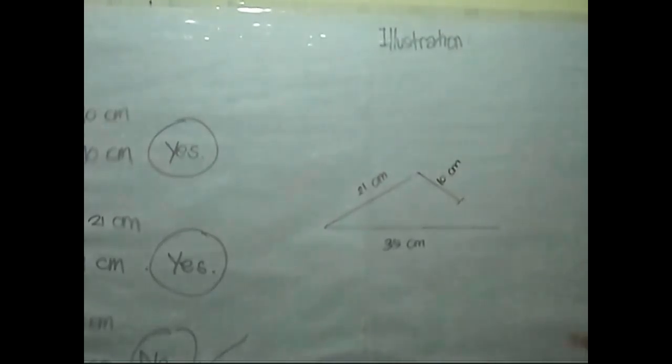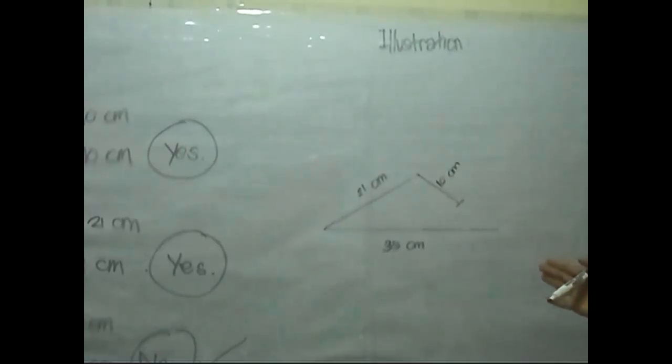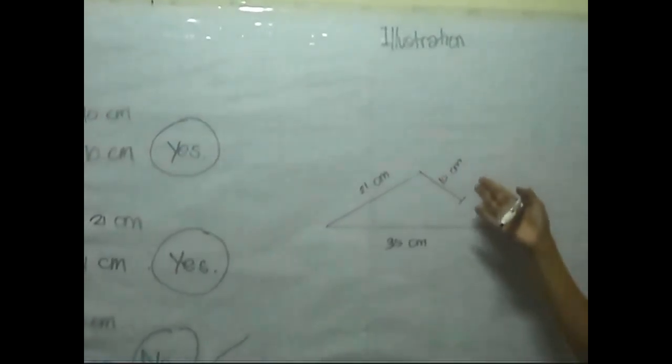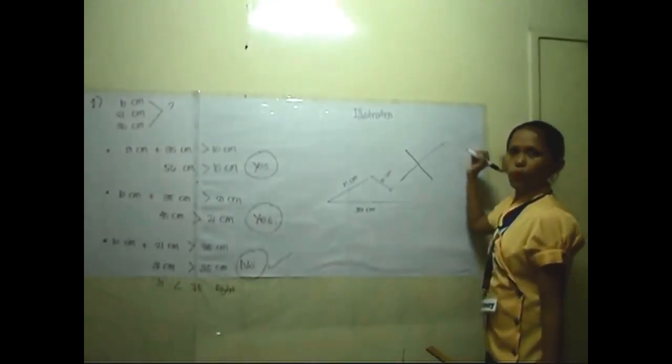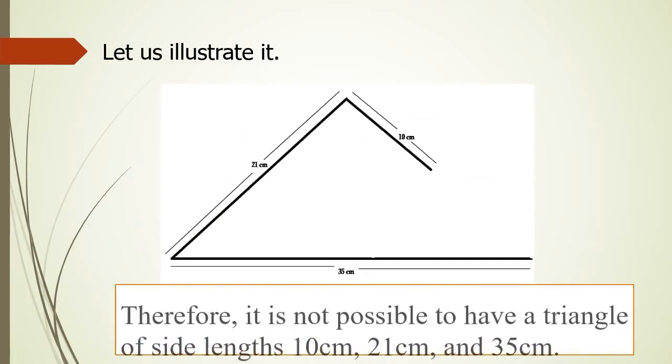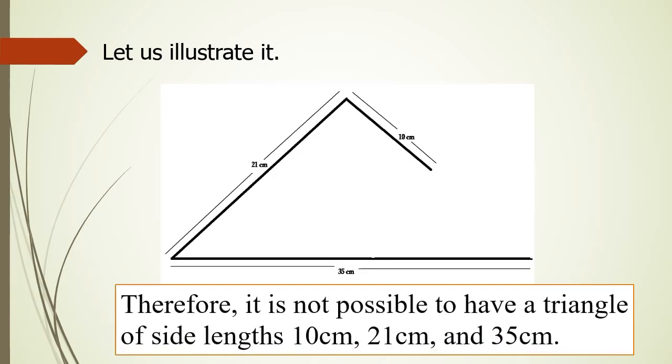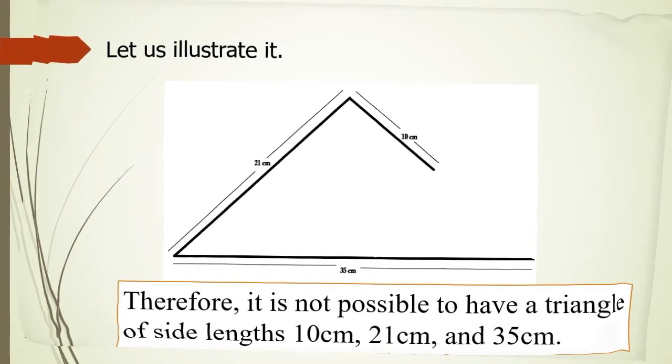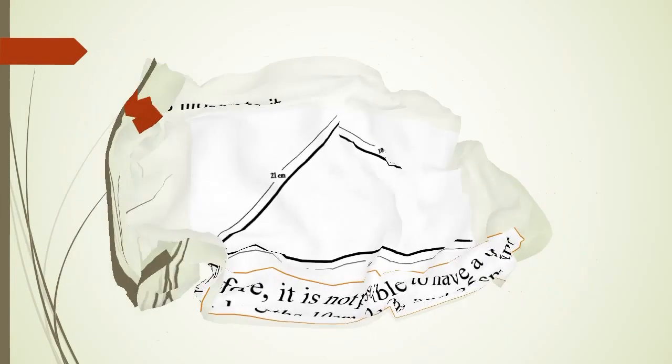Therefore, with this illustration, we cannot really form the triangle that measures 10 centimeters, 21 centimeters, and 35 centimeters. It is no. So, look at the illustration. It is not a closed figure.